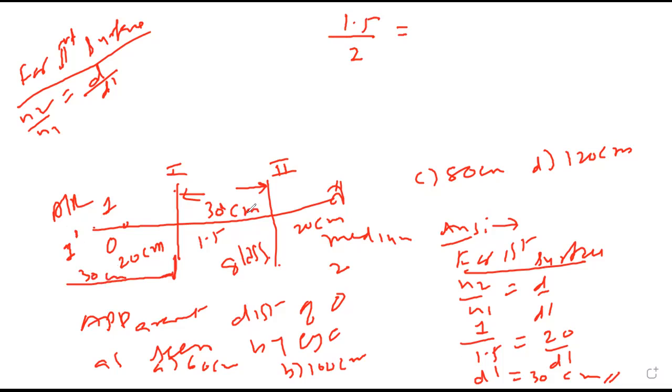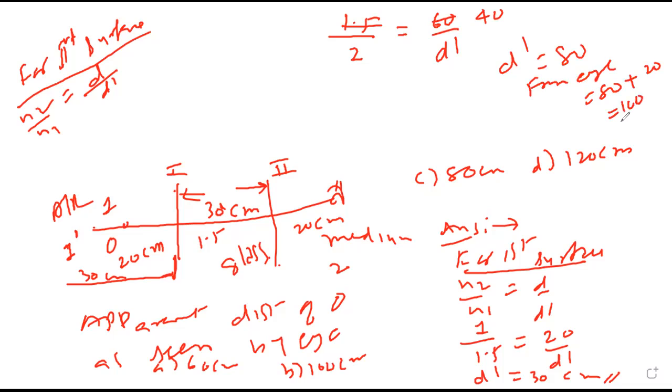So from the second surface, 30 plus 30 is 60. New D dash will be 1.5 into 40. So D dash equals 80. So from the second surface, from I, the distance will be 80 plus I's distance, which is 100.